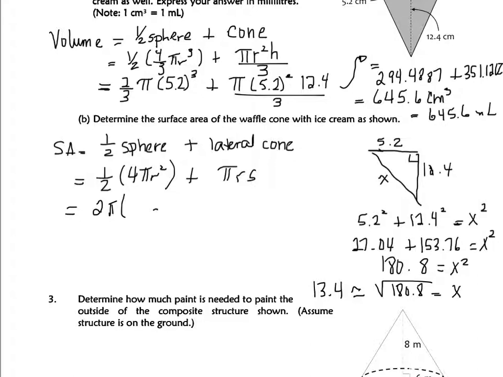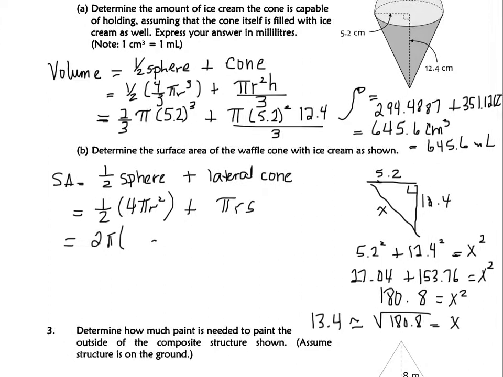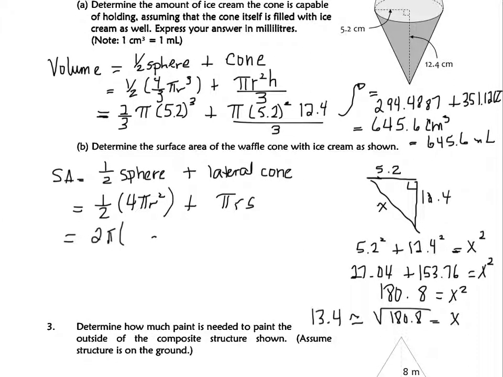The radius was 5.2, yes, there it is on the right triangle that I have there. So 2 pi times 5.2 all squared plus pi times the radius 5.2 times the slant height 13.4, which I just calculated.